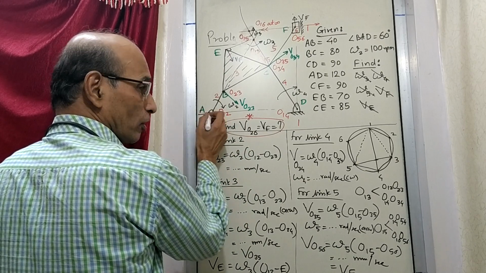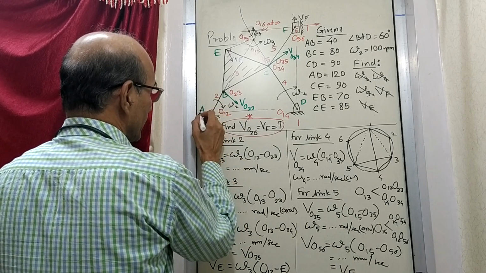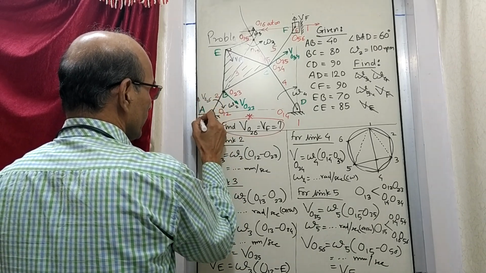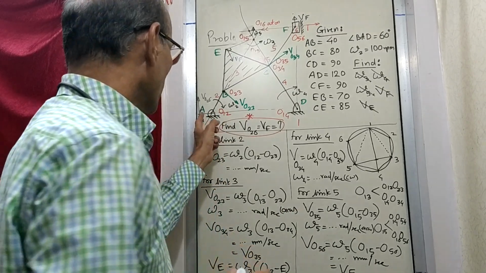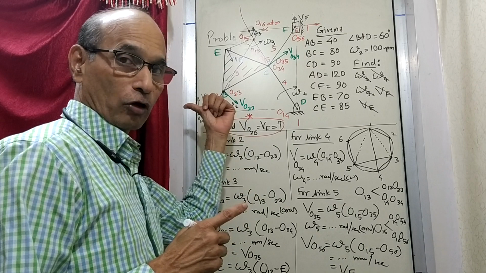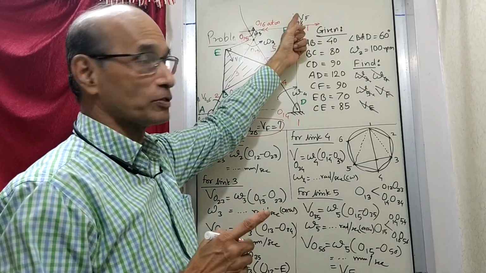So if you get the point on this 26, that means it is correct, because then by angular velocity like this, the 0.26 will have velocity like this, if this is 26. So you find out where is 26, but remember that it will come on this horizontal line towards the left of A, so that the velocity is upwards, which should match with this.